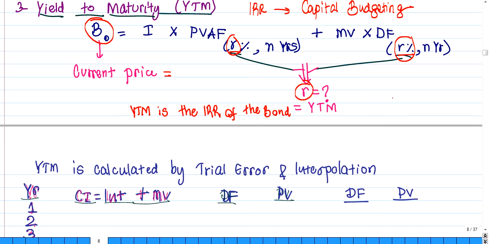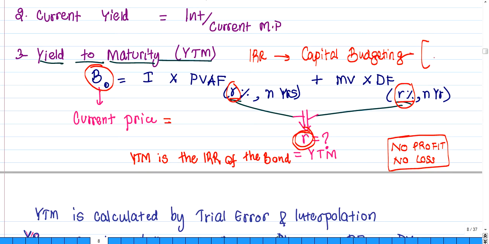What is the IRR? Again, a no profit, no loss situation, using the net present value. Remember, net present value. So we are taking the current price and calculating the r. At the time of IRR, we use interpolation. Do you remember? Interpolation. That is a trial and error interpolation method.